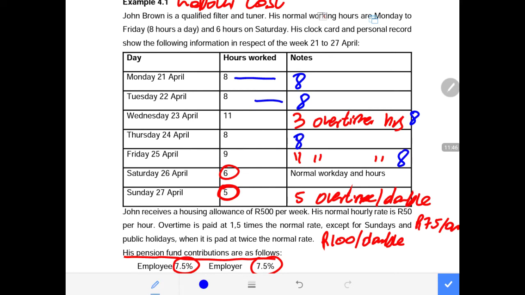Remember, this employee is expected to work Monday to Friday, 8 hours, and these 8 hours are normal hours. Our basic wage is calculated only on normal hours, unless our actual hours are less than our normal hours, then we use the actual hours.